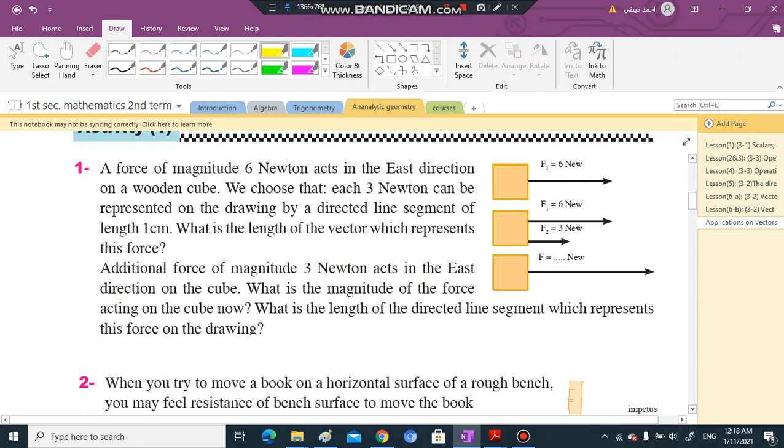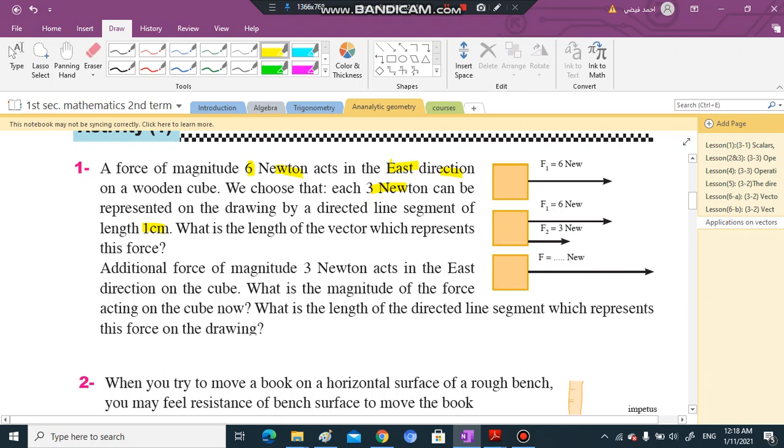We have an activity. A force of magnitude 6 newtons acts in the east direction on a wooden cube. We choose that each 3 newtons can be represented by a directed line segment of length 1 centimeter. So 6 newtons need to be represented by 2 centimeters.